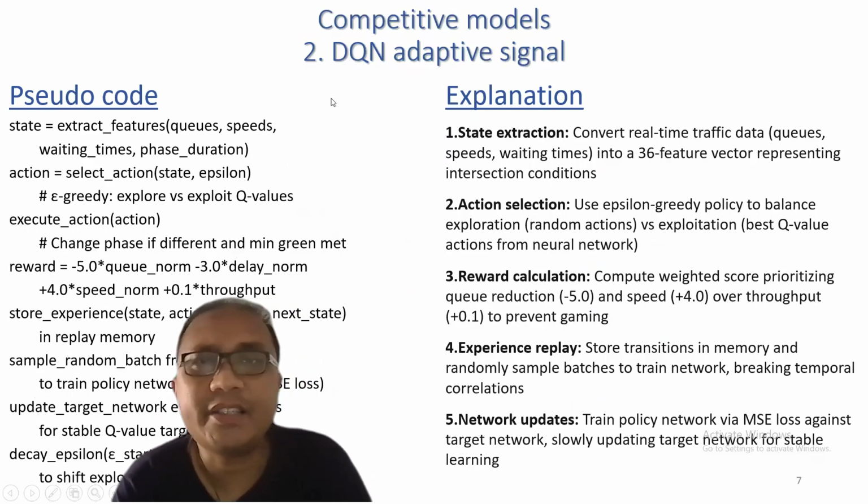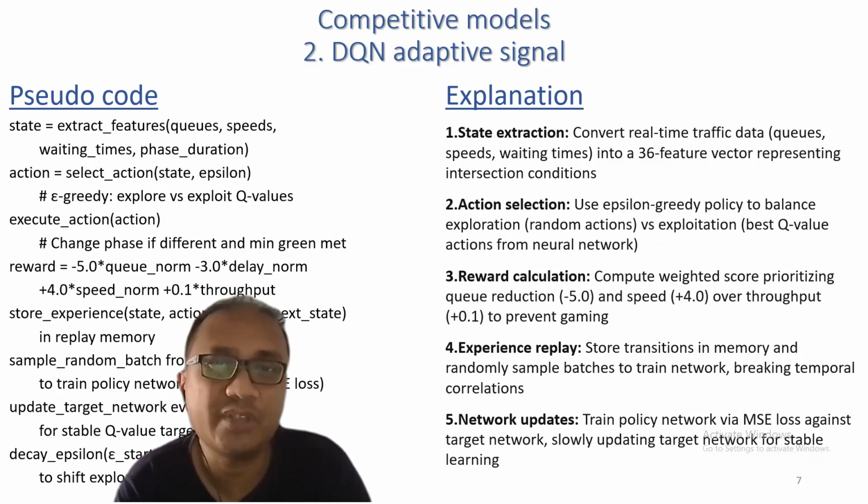Next, I use the most important model, that is the DQN adaptive signal. This signal also consists of 5 steps.